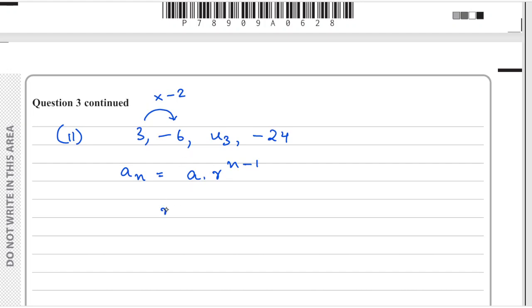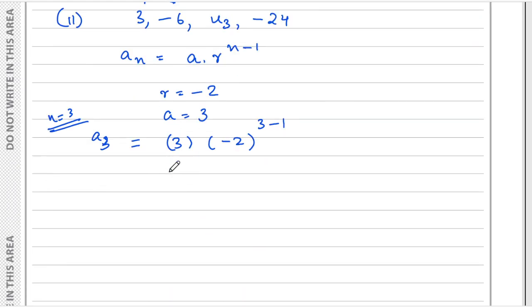So here r is equal to negative 2, the first term is equal to 3, and to find the third term we put n equal to 3. We have the first term multiplied by negative 2 to the power 3 minus 1, which is 3 times negative 2 squared, which gives us 12. So the third term is 12 here.